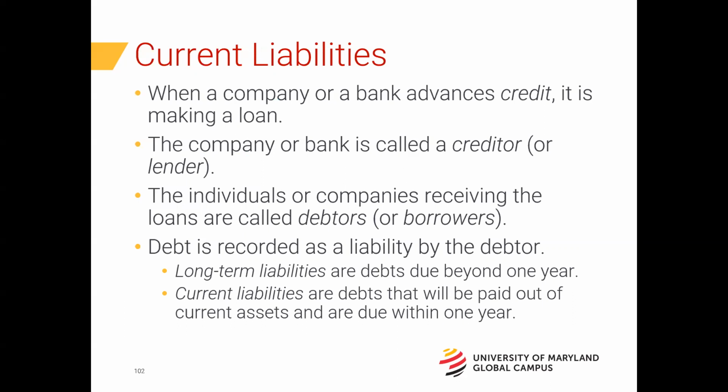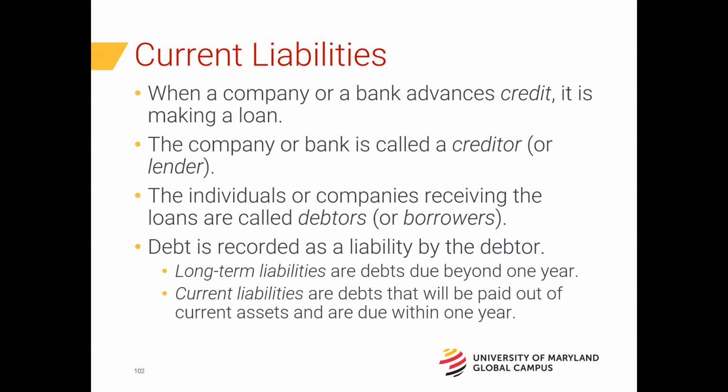First of all, an asset is what the company owns. Liabilities is anything the company owes. So anytime the company has a debt, it's a liability. Anytime the company owes somebody else money, it's a liability.